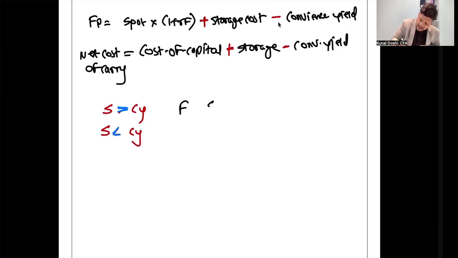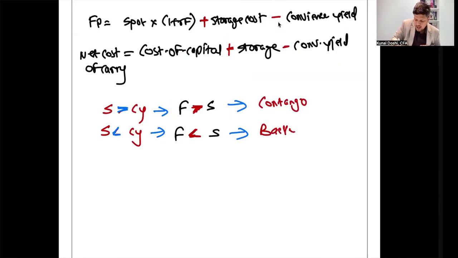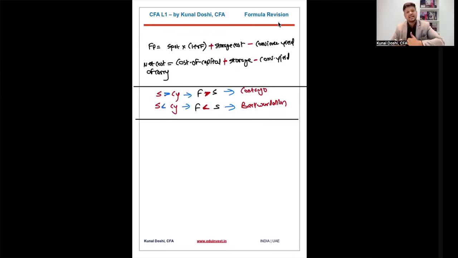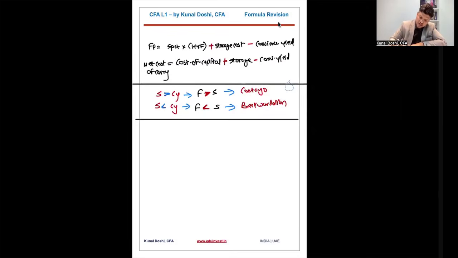Future prices will be greater or less than spot? Future prices should be greater than spot, otherwise less than spot. If the future prices are greater than spot, we call the market contango, otherwise we call it backwardation. Everyone with me? Contango and backwardation. If the prices are increasing, it's contango; if decreasing, backwardation. Cool, everyone. Understood.